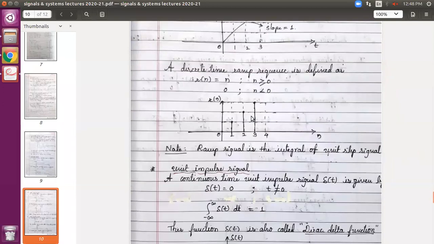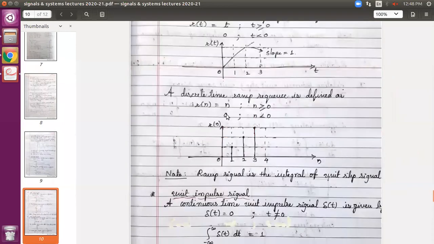Discrete time ramp signal or sequence. It is given by R of n because n is the variable. R indicates a ramp. Earlier it was t, now it is n, small n indicating the time. Similarly, the way we have drawn R of t, let us draw R of n.